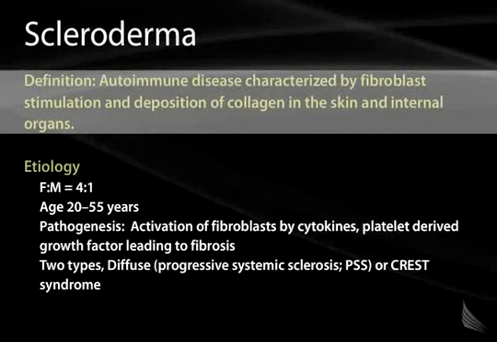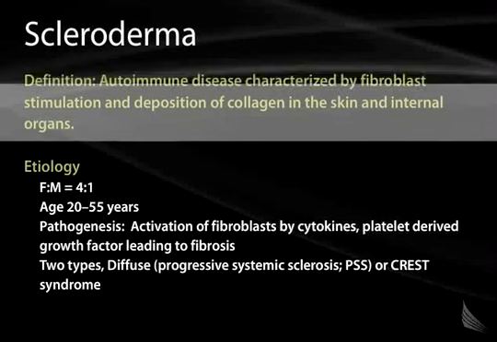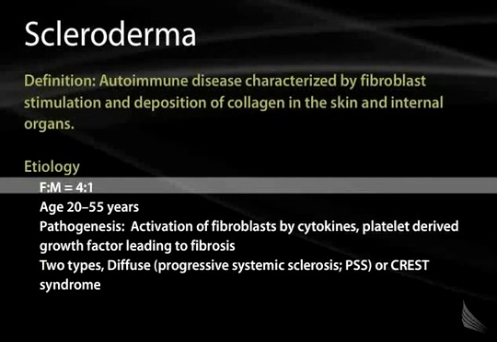Scleroderma is another autoimmune disease with a similar clinical profile but different diagnostic criteria. It is an autoimmune disease characterized by fibroblast stimulation and deposition of collagen in the skin as well as in the internal organs. Like all of the other collagen vascular diseases, it has a female predilection of 4-to-1.